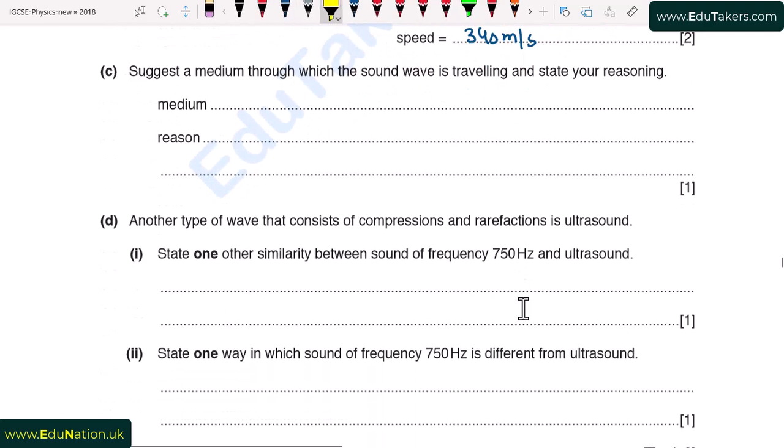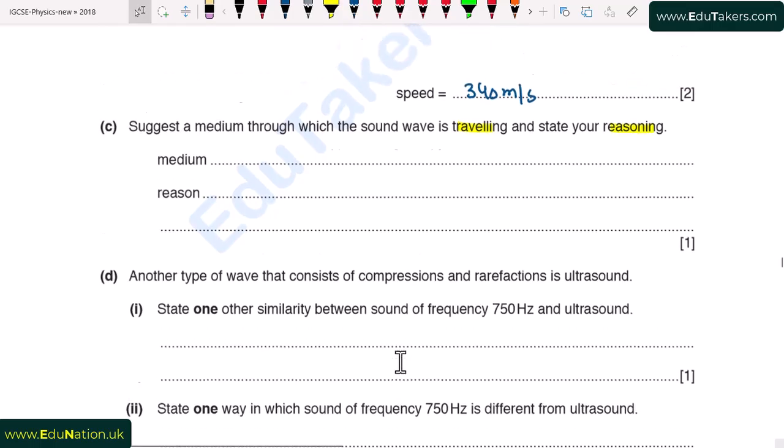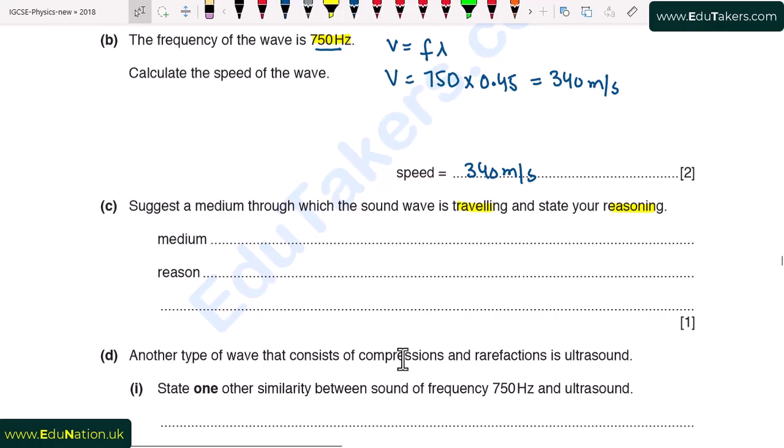Part C. Suggest a medium through which the sound wave is traveling and state your reasoning. So in part B, we have calculated the speed of the wave and it is a sound wave. The speed of the sound wave is 340 meter per second and this speed is basically in air. So the medium through which the sound wave is traveling is air, and the reason is that the speed of sound wave in air is 340 meter per second.